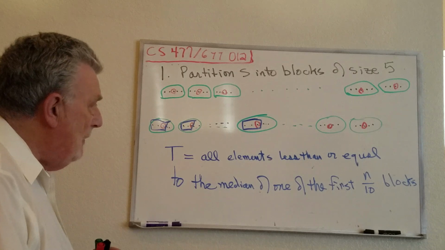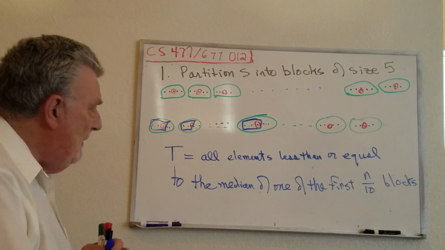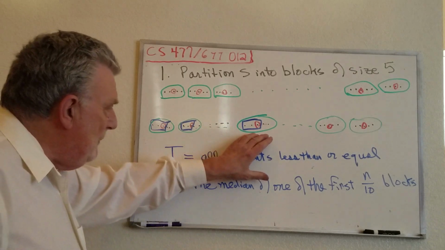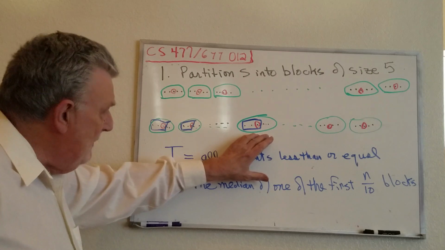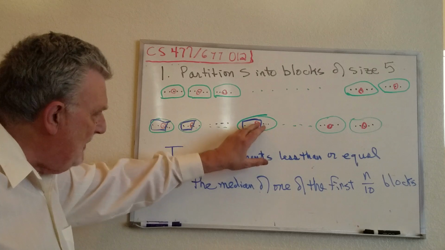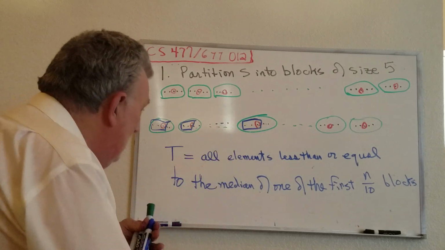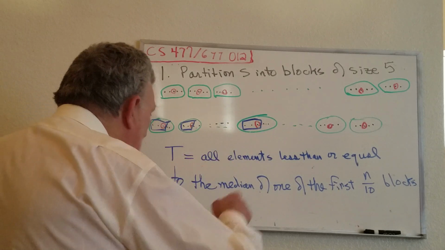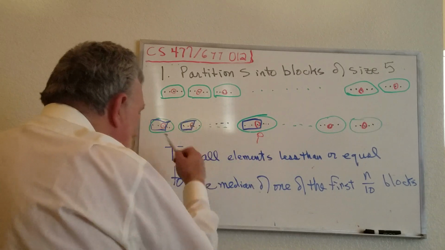All right, now what we're going to do is, first of all, I'm going to rearrange the blocks. So in the middle of the picture, I'll put the block that contains P. And then, while I partitioned the blocks, I moved them around.